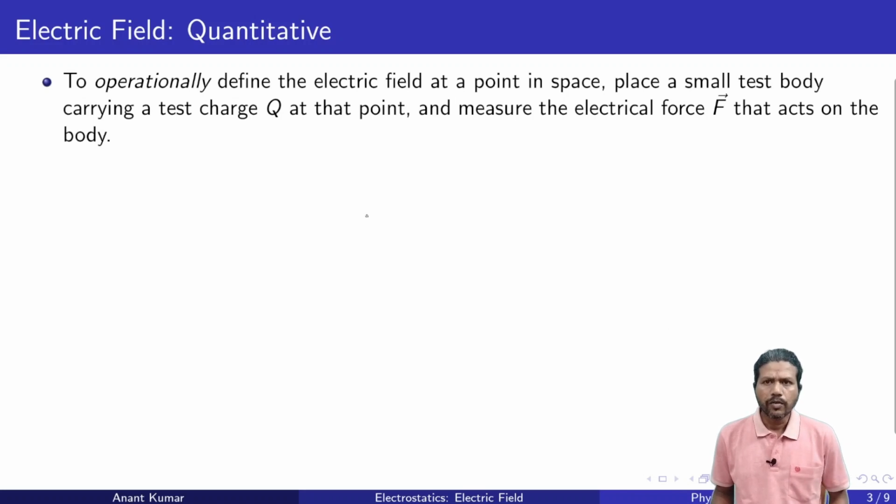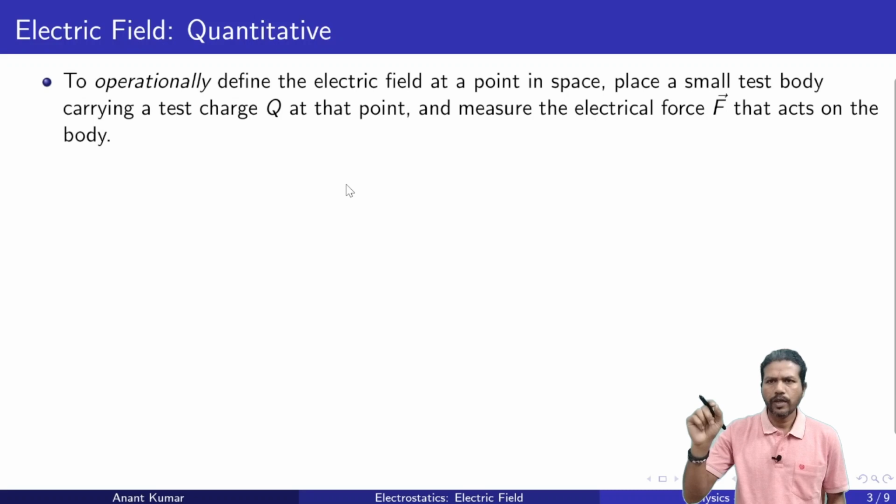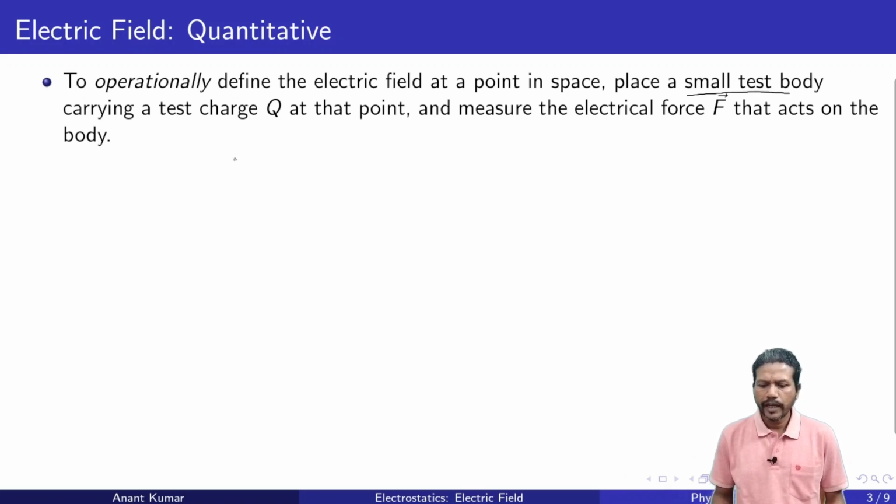Now, to find the electric field at a certain point in space, suppose there is a point over here, and I would like to find the electric field at this point. It may be because of some other charges in this region. The idea is to place a small test body which carries a test charge, which I am going to call capital Q, at whatever point I want to find the electric field.